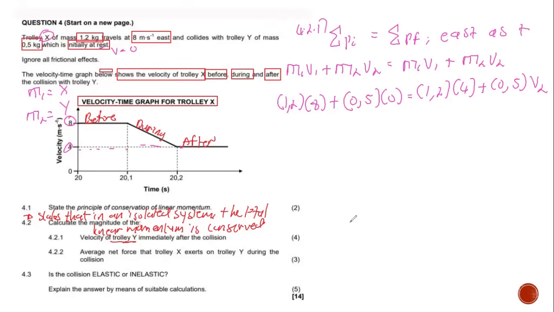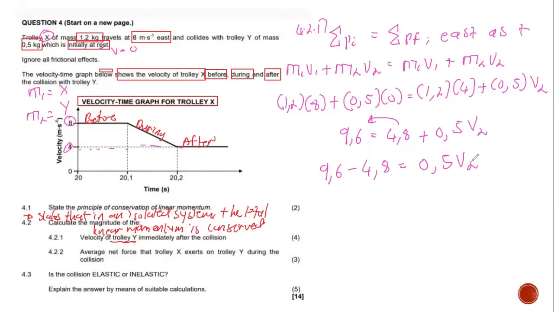Now, simply grab your calculator. We have 1.2 multiplied by 8, which is going to be 9.6. Now, 1.2 multiplied by 4 will give us 4.8. Then plus 0.5 and then V2. Now, you're going to have to transpose this over to the side. 9.6 minus 4.8 is equal to 0.5 V2.